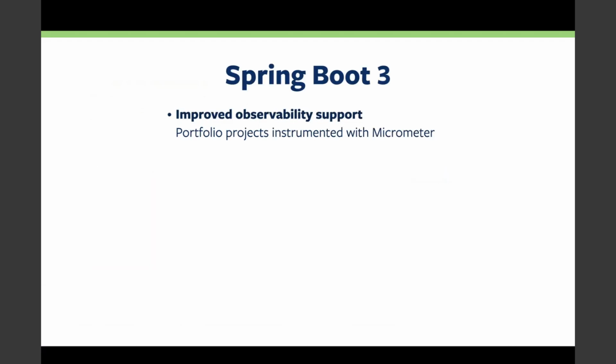What we've also done, and that's why I actually mentioned the Spring ecosystem in the first place, there's a project called Micrometer that allows you to instrument code so that it produces information about its runtime behavior. So it can actually measure time.